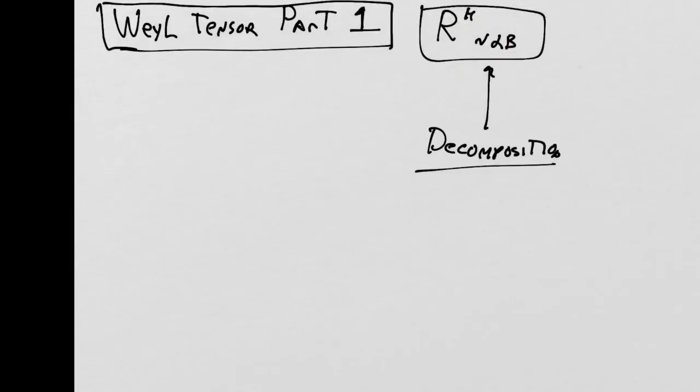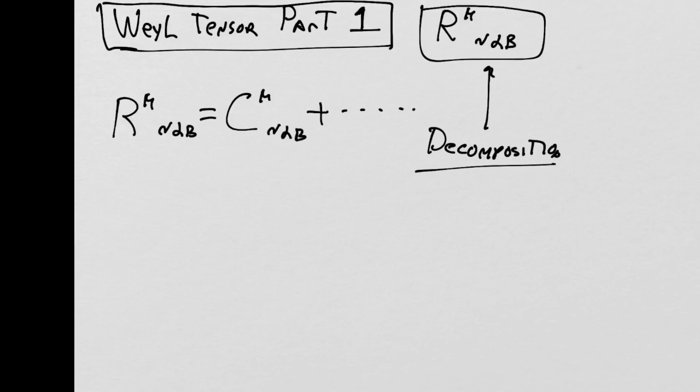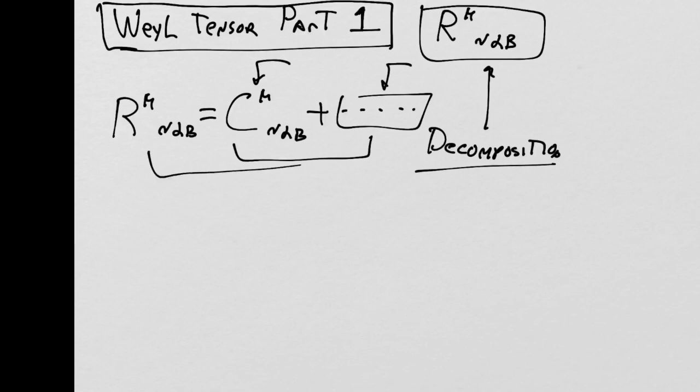This is a little different. We're now going to talk about things that look like this. R mu nu alpha beta equals C mu nu alpha beta plus other things, right? And those other things plus this is a form of decomposition. And we design these decompositions so that this has certain properties and this has certain properties, and everything is equal by tensor formulas.